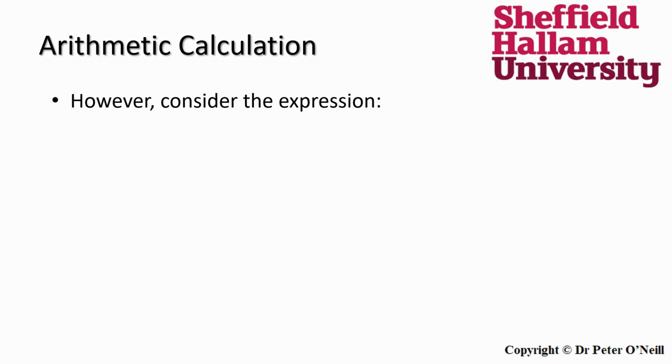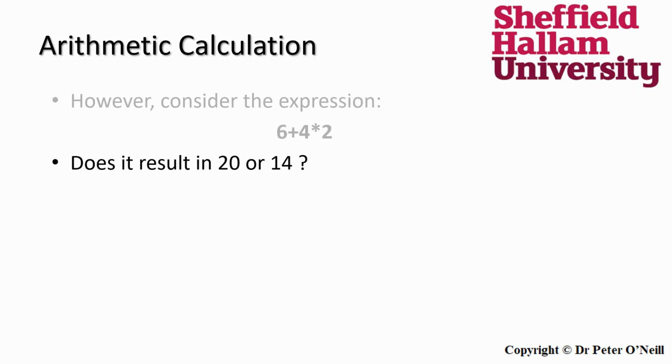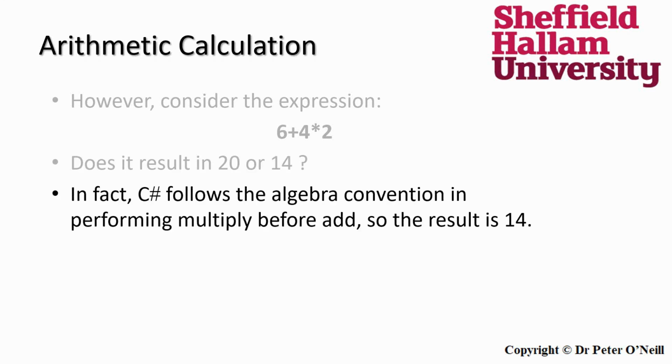However, consider the expression 6 plus 4 times 2. Is the result 20 or is it 14? In fact, C follows the algebraic convention in performing multiplication before addition, so the real answer is 14.